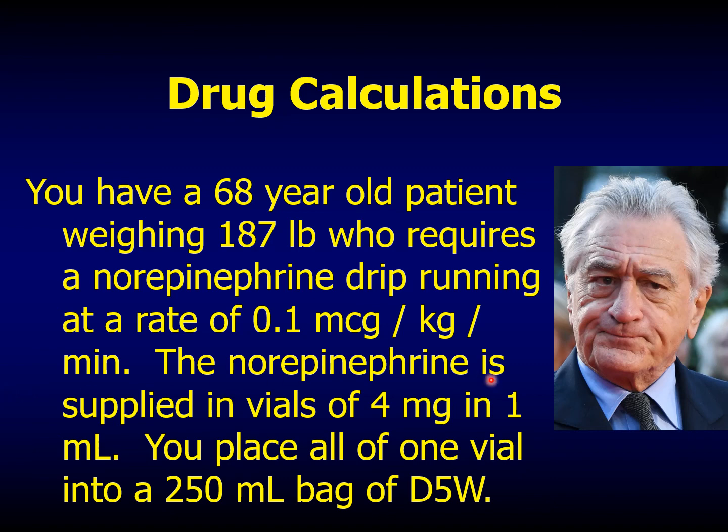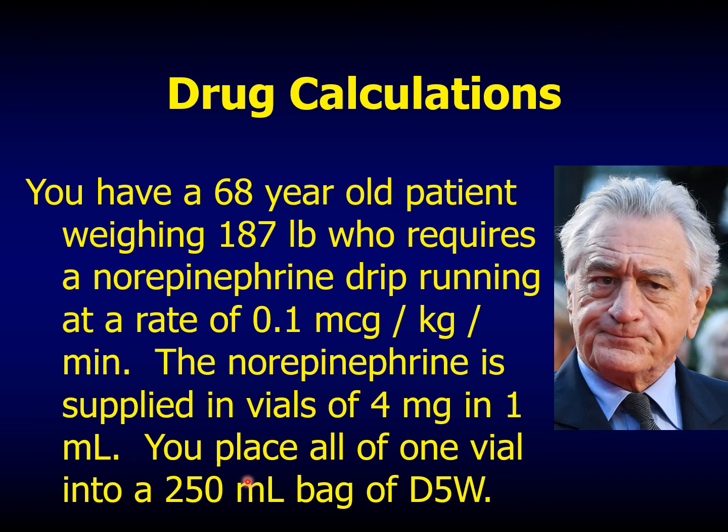The norepinephrine is supplied in vials of 4 milligrams in 1 ml. So this would be a circuit, and we place all of one vial into a 250 ml bag of D5W. Yes, best practice would dictate you would take 1 ml out of the bag to make 249, because you're going to add 1 ml from the norepi. But try it at home.